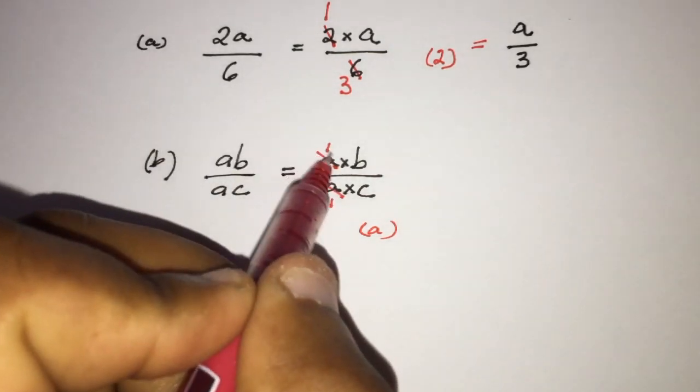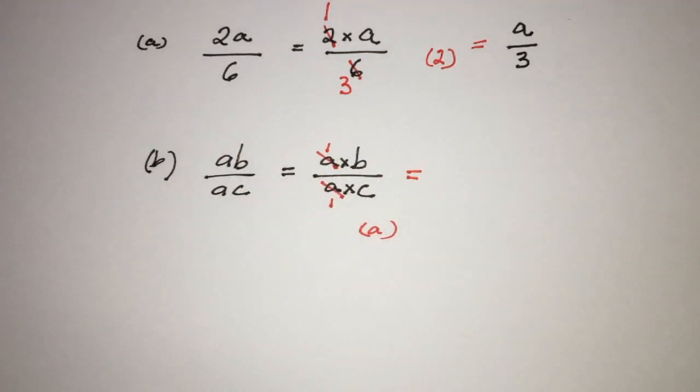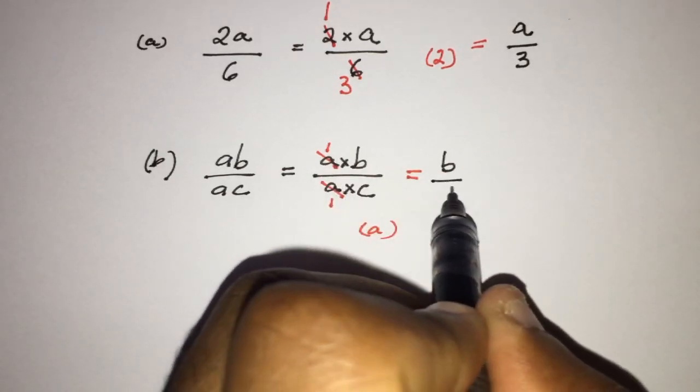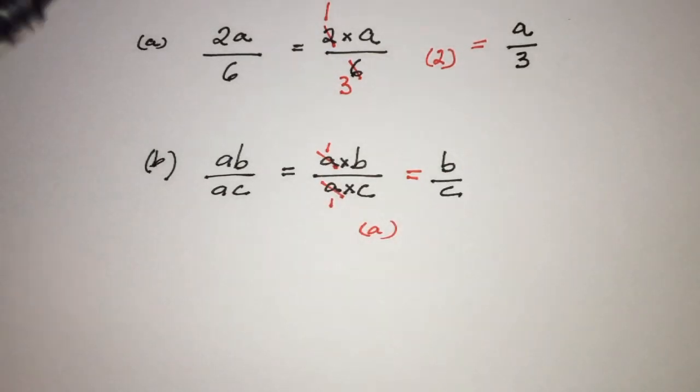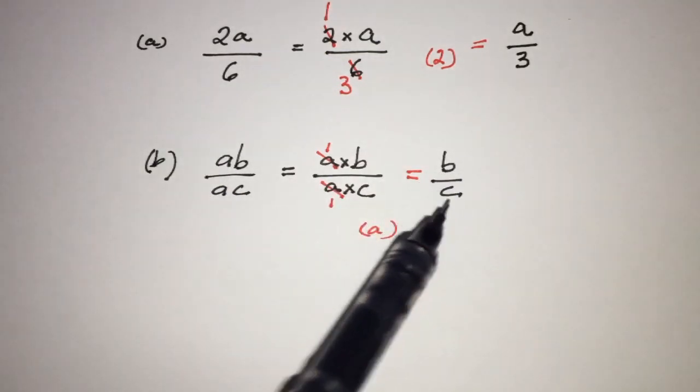So I'm left with 1 times B, which is just B, and 1 times C, which is just C. So when I reduce AB over AC, I end up with B over C.